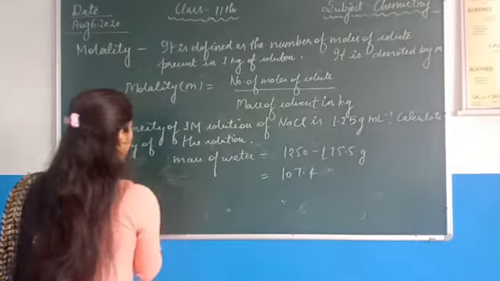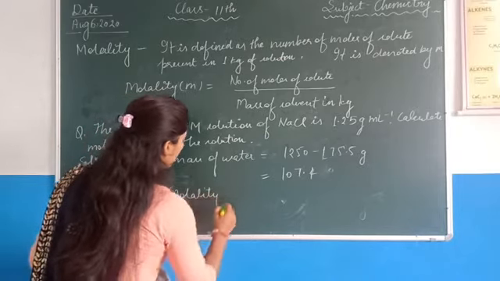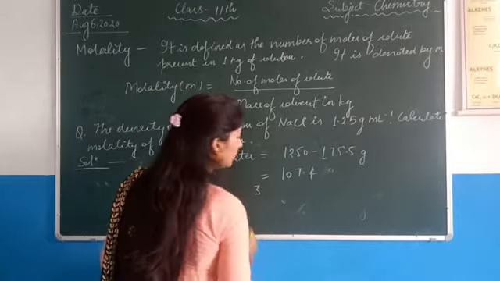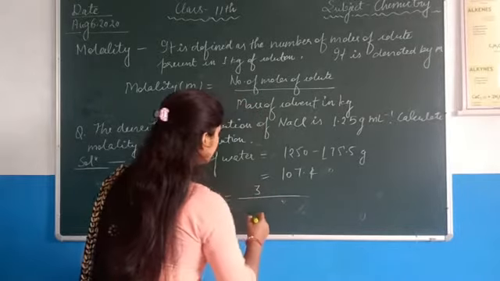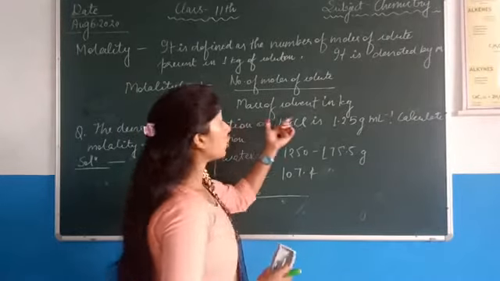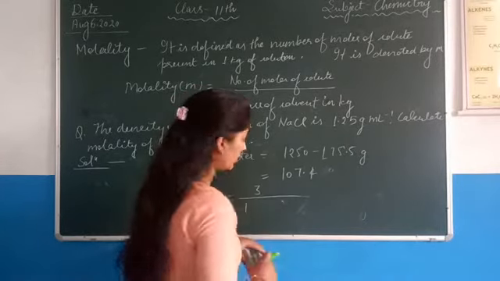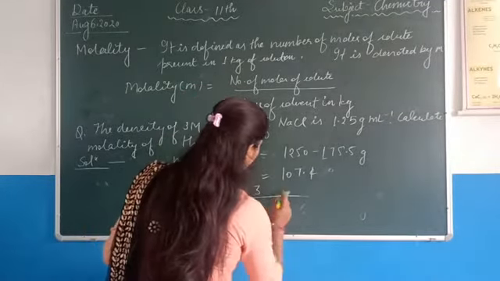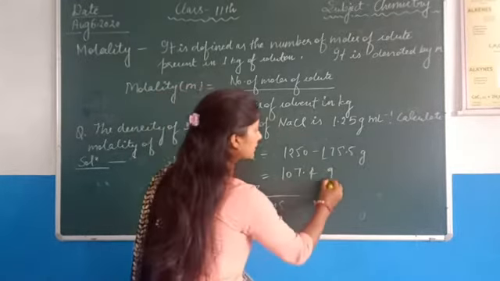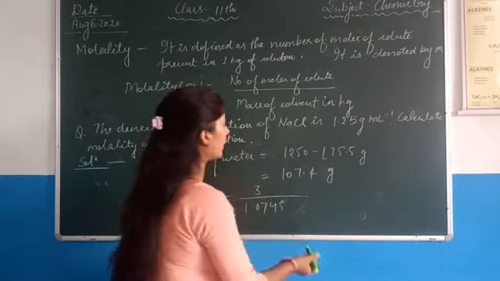Now we have to calculate molality. Molality is equals to number of moles of solute, which is given 3, divided by mass of solvent in kilogram, which is 1074.5 gram, and now we convert this quantity into kilogram.